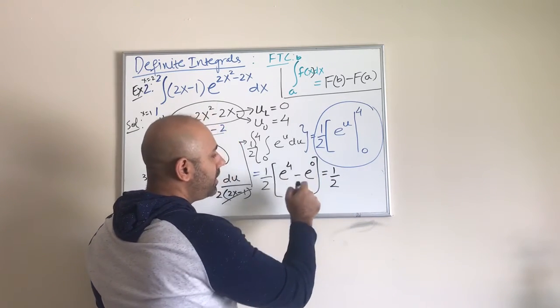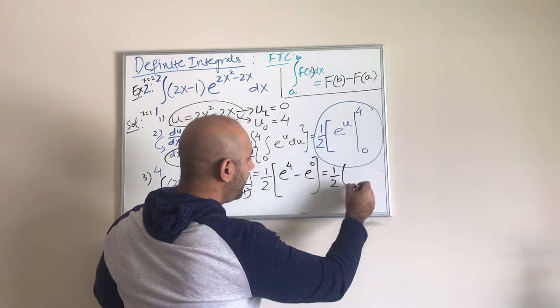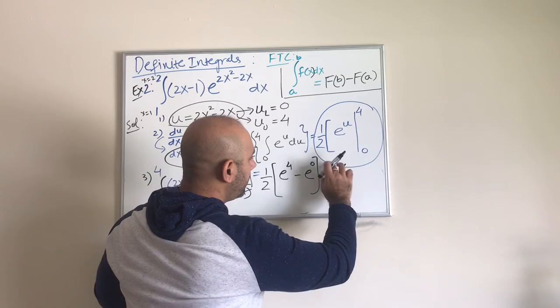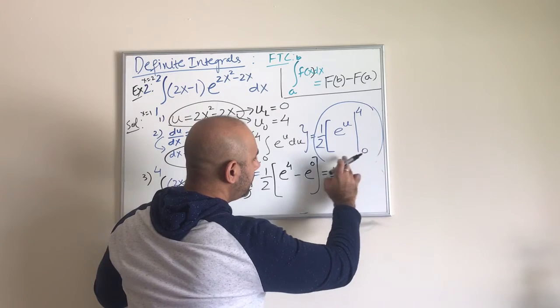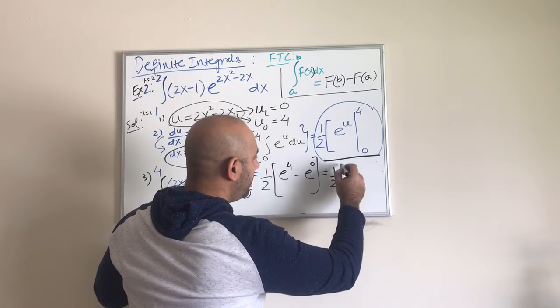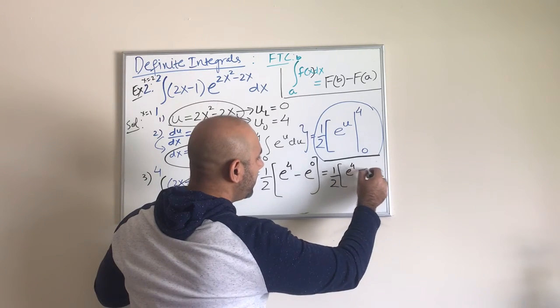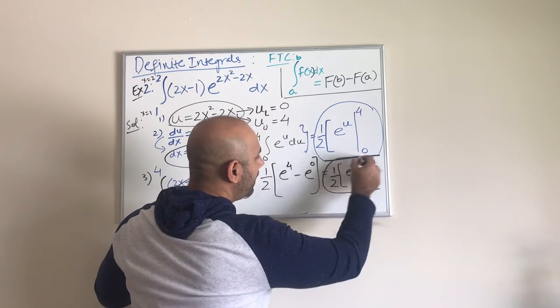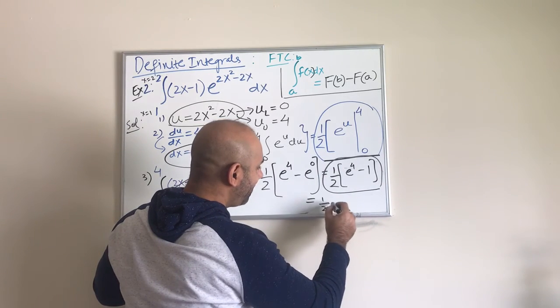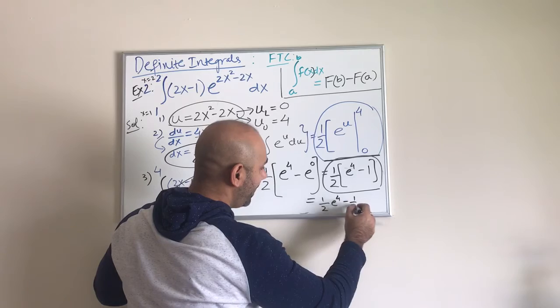We know e to the power 0 is 1, so it is simply e to the power 4 minus 1. You can leave it like this, or if you want, you can also distribute this 1/2, so it will be 1/2 e to the power 4 minus 1/2.